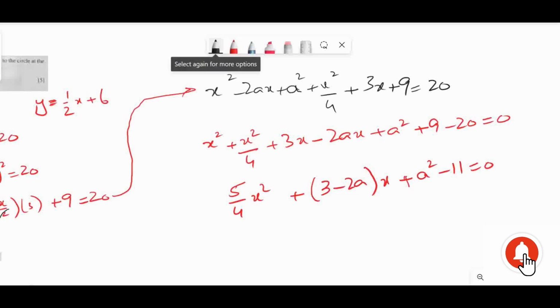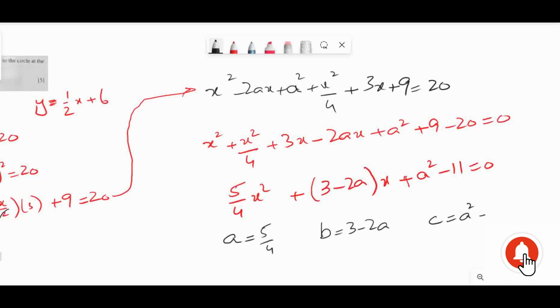From here you can clearly see this is a quadratic equation, and we know that the value of a is 5/4, the value of b is 3 − 2a, and the value of c is a² − 11.